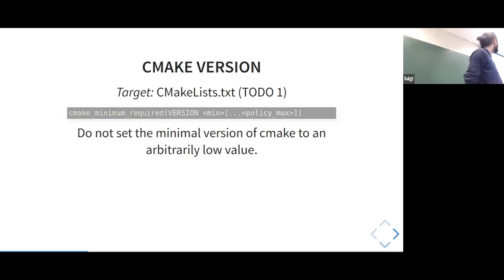For a simple reason: on the cluster specifically, version 3.27.9 is the version of CMake that comes with the release 2023B, but CMake also exists without it, installed system-wide. So if you put a low minimal version, it will not detect that you are using the lower version of CMake while you would want to use a higher version. For everything related to reproducibility, it's important to keep track of the version you use.